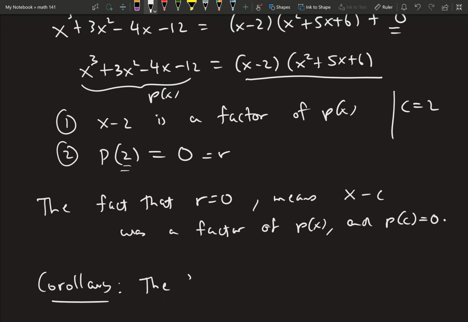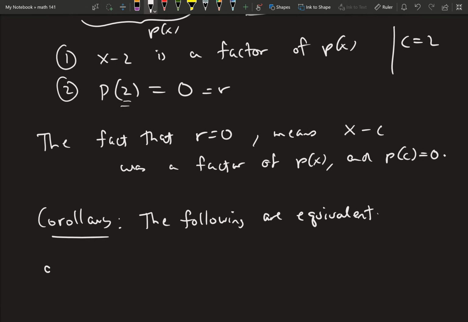Okay, so let's just write that as I'll call it a corollary. So the following statements are equivalent to each other. So you're given, it's the same situation. You're given p of x and d of x is x minus c. This is always going to be our assumption for the rest of this video.